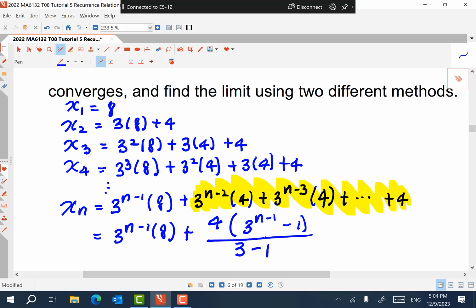Do you remember when you were young in year 3, you learned a nice formula for the case of GP.